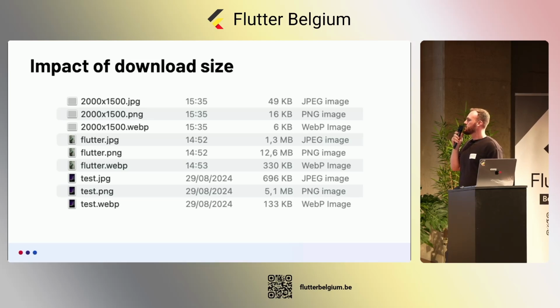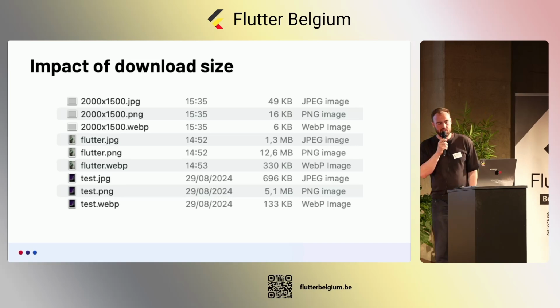The image below is the one that you saw earlier as well. It has 1.3 megabytes for the JPEG image and 12.6 for the PNG. So that's what I meant with it can increase enormously. And then lastly you have the WebP file format, which is actually the smallest download size with 330 kilobytes.